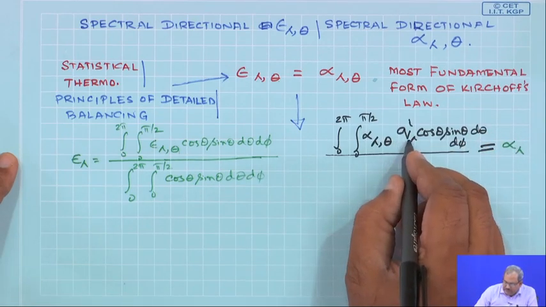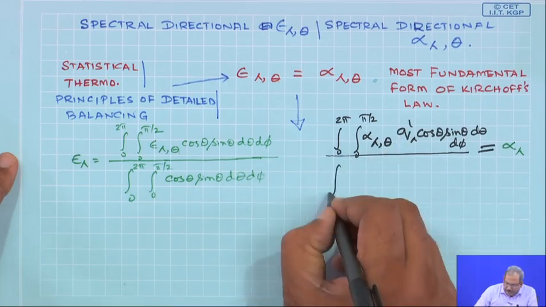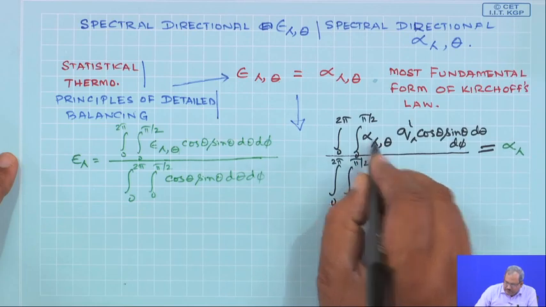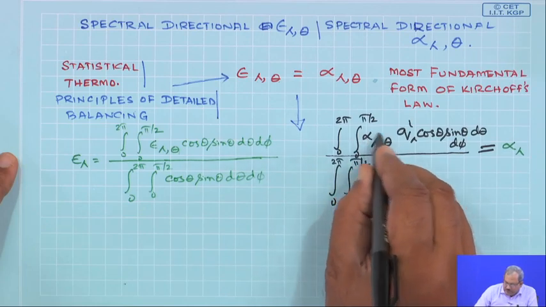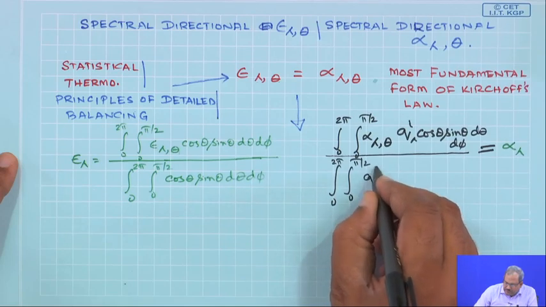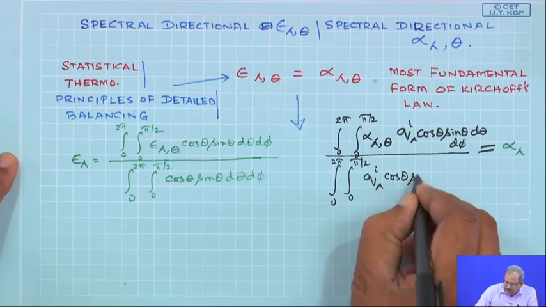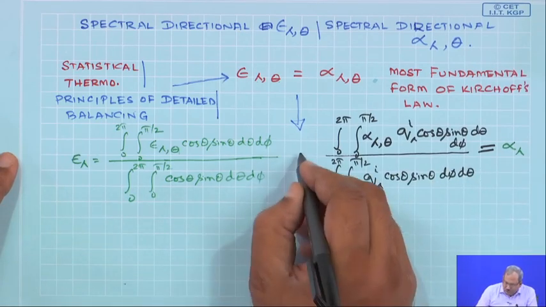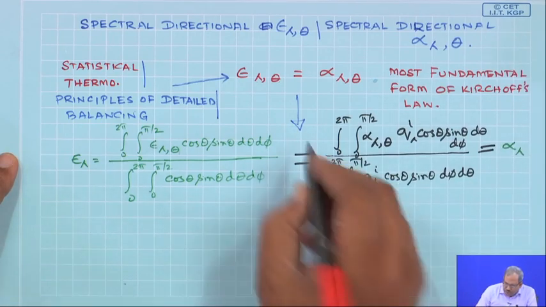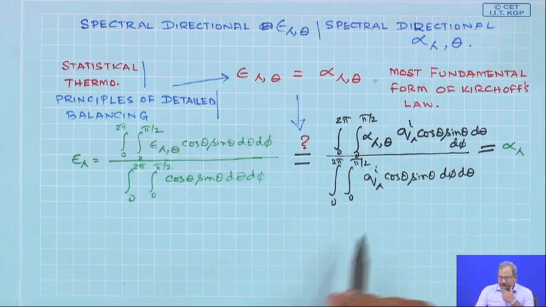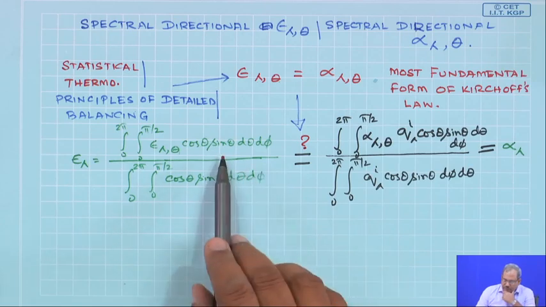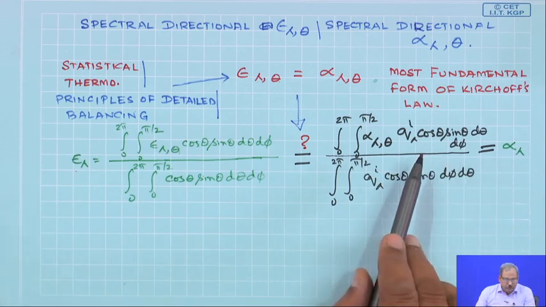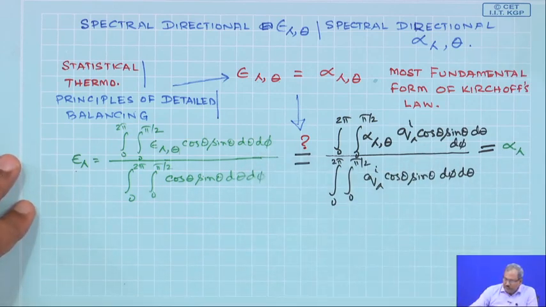This is the incident radiation, and if we do it for the case of a black body, then this absorptivity will have a value equal to 1. Therefore, I will only have cos theta sin theta d theta d phi. When these two are going to be equal, that is the big question. So, we need to find out under what condition epsilon lambda is going to be equal to alpha lambda. Let us look at the possibilities here.